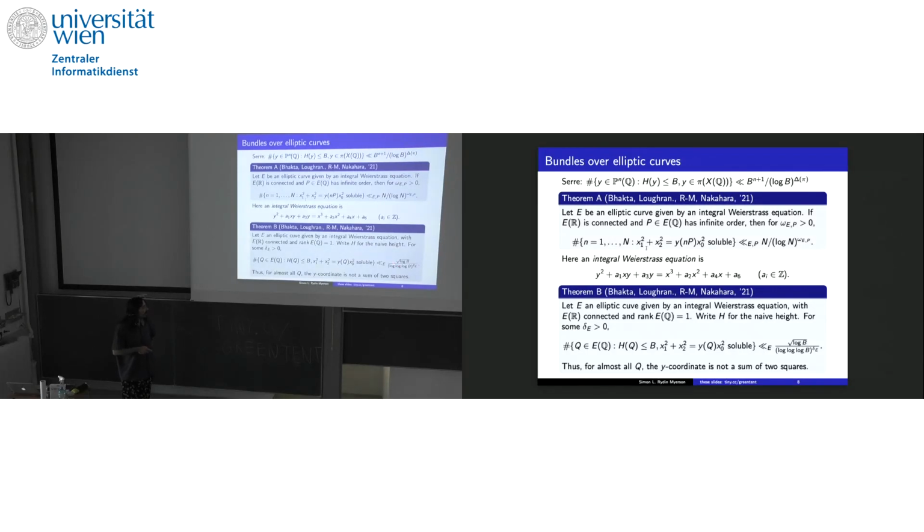And again, it says that 0% of these are soluble. If I delete the last condition and just count points on the elliptic curve of height up to b, there's going to be about root log b of them. So this again says that 0% of the time is this soluble, but now the saving is really bad. Yes, the saving is this log.